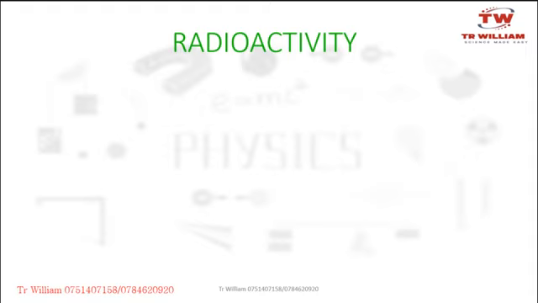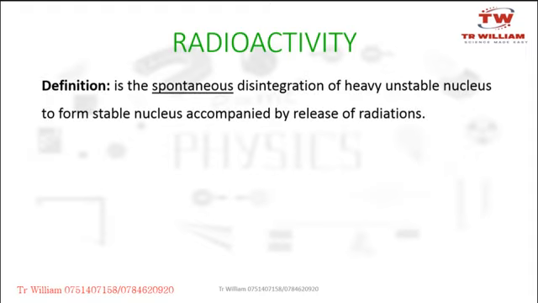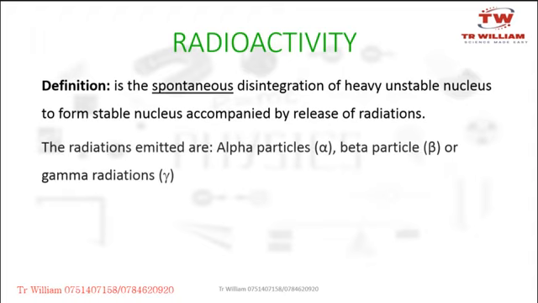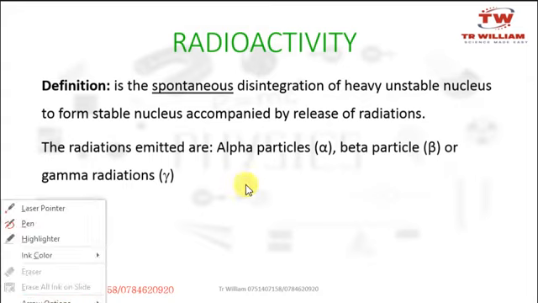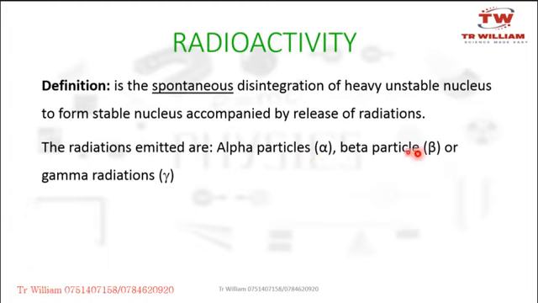If you want to define it in simple terms, it is the spontaneous disintegration of a heavy and unstable nucleus to form a stable nucleus, always accompanied by the release of radiations. These radiations are the alpha particles, the beta particles, and the gamma rays. Those are the radiations we are talking about.